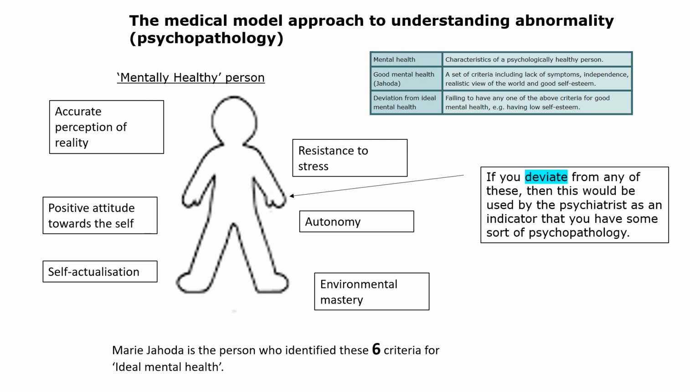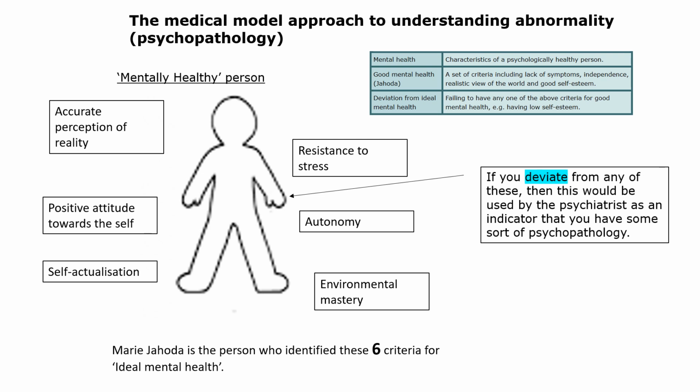In fact, we said at the time it's quite unrealistic, because when Maslow was coming up with the idea, what he actually had in mind was somebody like Einstein, somebody who was ultra highly functioning, looked up to by people, like on a different level. So actually, we have to think carefully about whether this is realistic. Otherwise, we're going to be diagnosing everybody, aren't we, as deviating from ideal mental health.